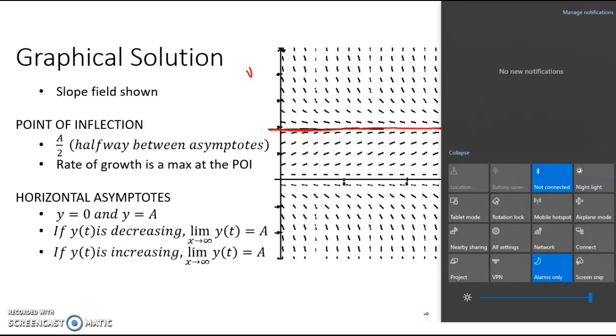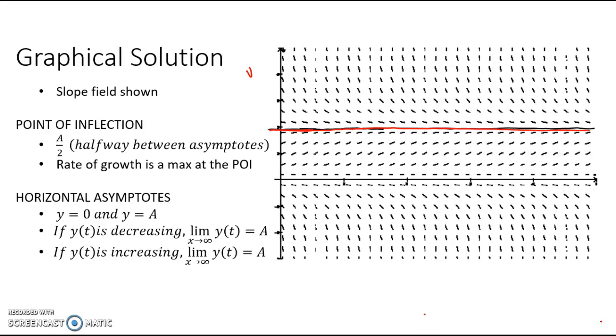If my initial population is greater than A, if it starts up here somewhere, then my function has to decrease and approach my carrying capacity.